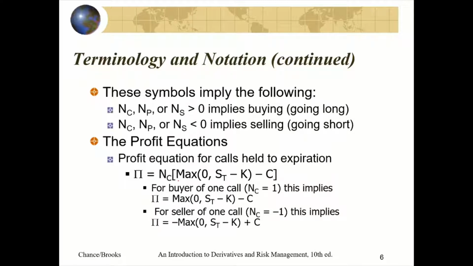Now, if we took a long position in one call, then NC will equal 1. This implies that the profit is equal to the payoff that we will receive minus the premium we paid.